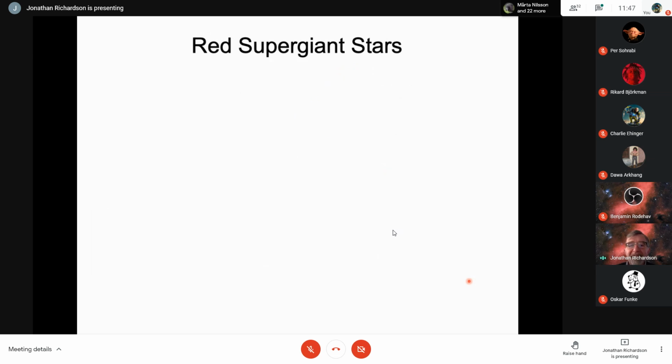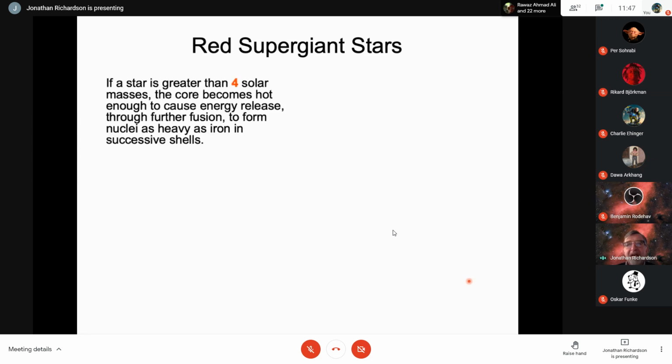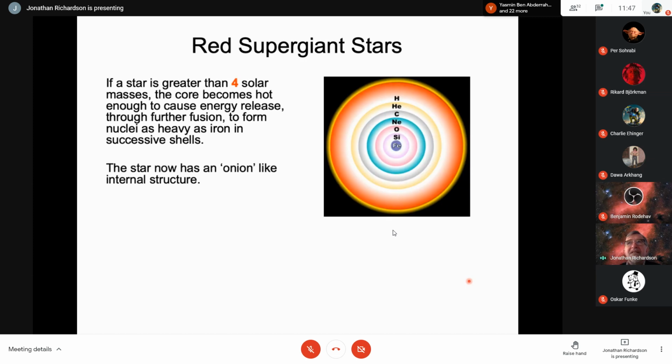Now, there is another type of star that's significantly different, and those are the red supergiants. And the red supergiants come from stars that are about 4 times the size of our sun. So not significantly greater, but certainly larger than our sun. And the core again burns through its nuclear processes, producing a structure which looks more like onion rings.